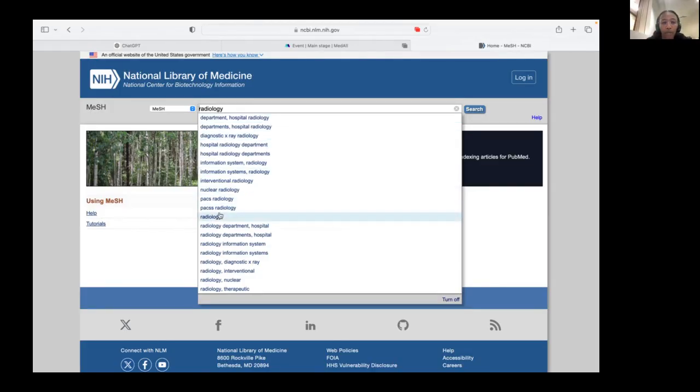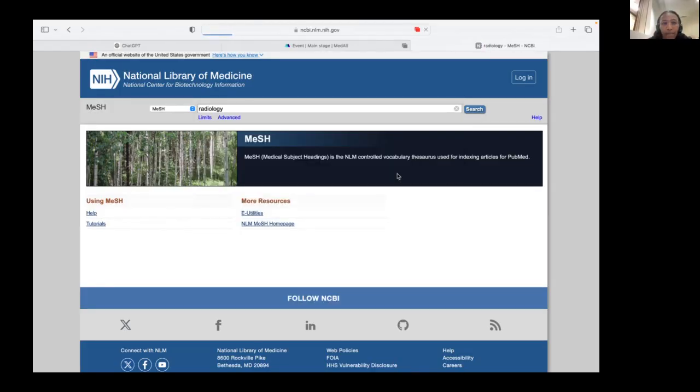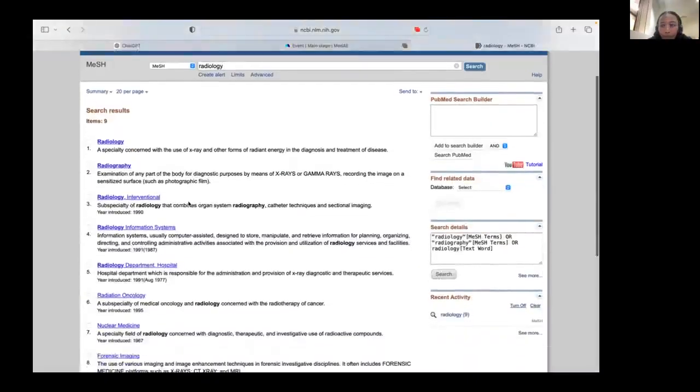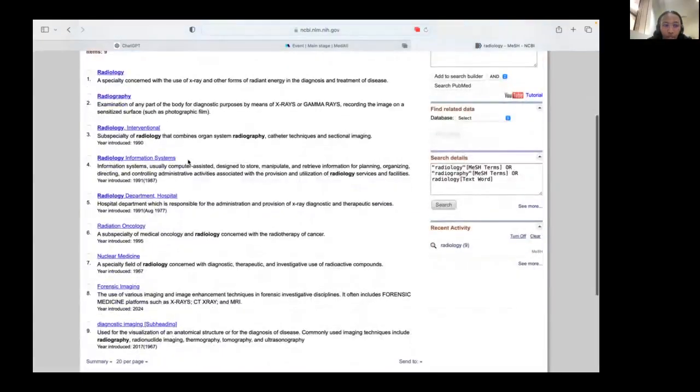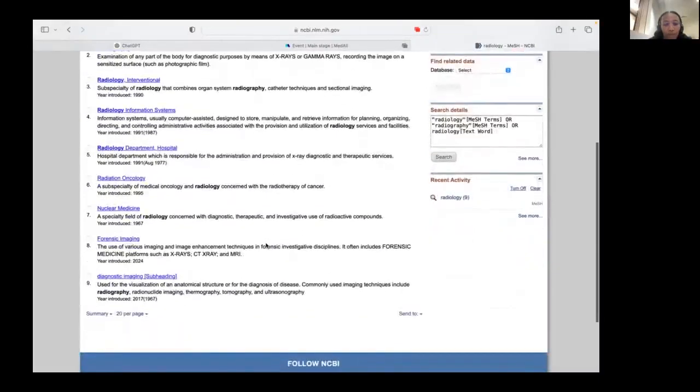For example, if we include radiology as a MeSH term, it would include any mention of or any concept that's similar to it. So things like radiology, interventional radiology, radiology information system, any mention of these concepts.